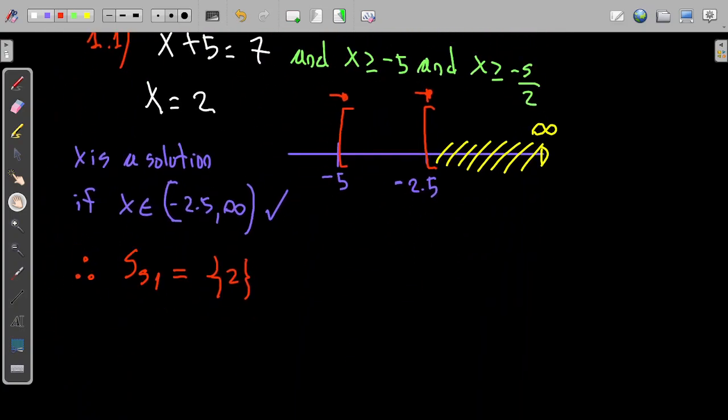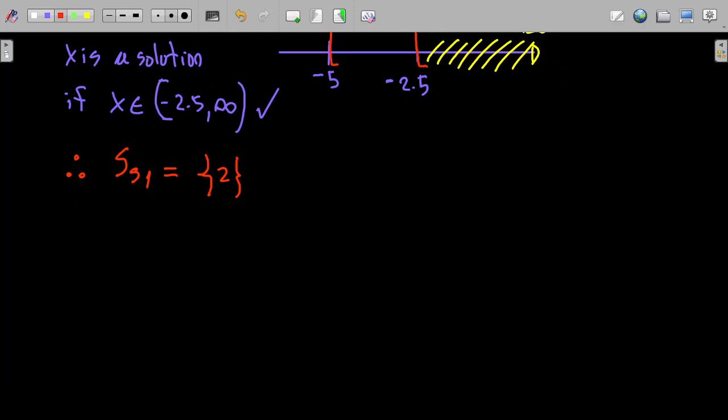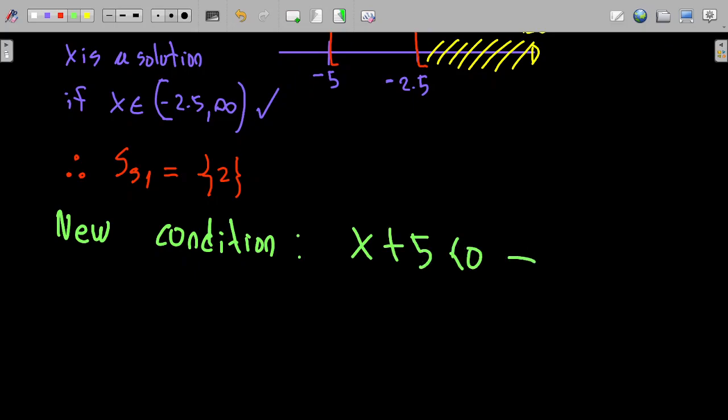So the new condition is that x plus 5 is less than 0, which means that x is less than negative 5. That is my new condition.